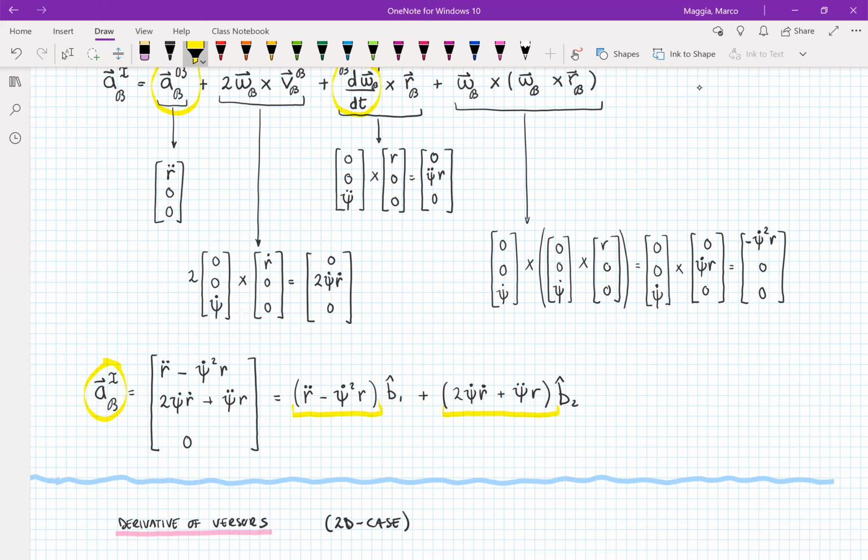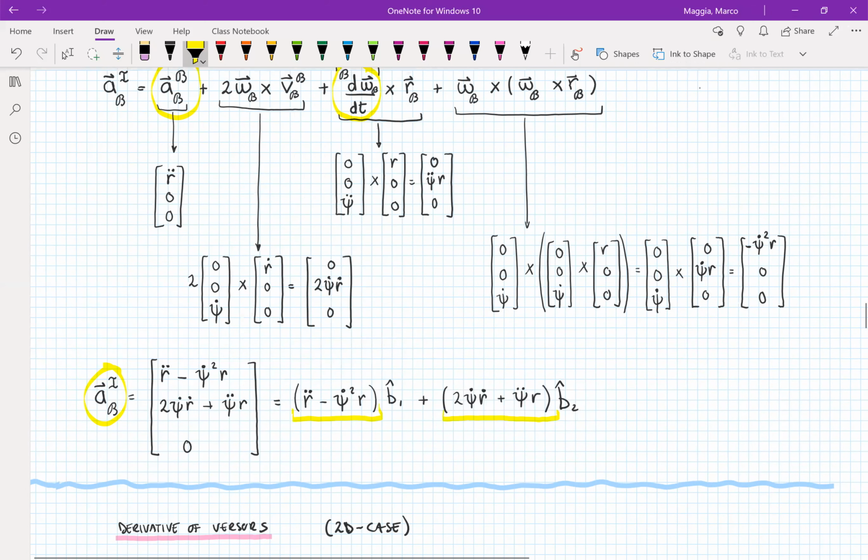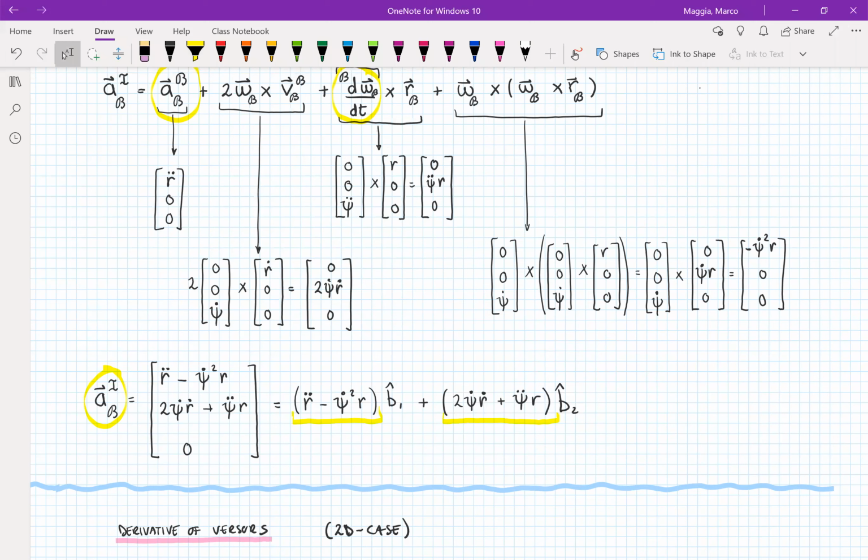Now we could simplify this expression under the assumption that, for example, the body reference frame rotates at a fixed angular speed with respect to the inertial frame of reference.